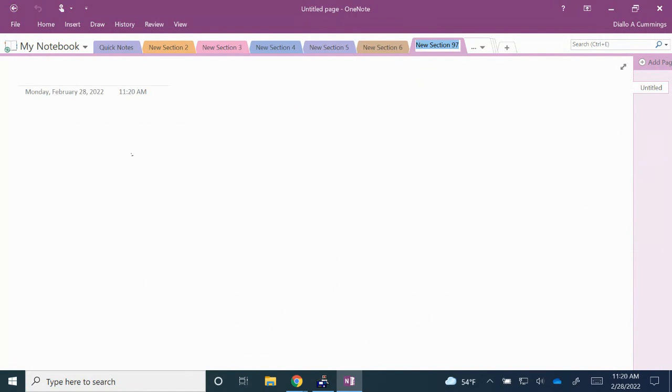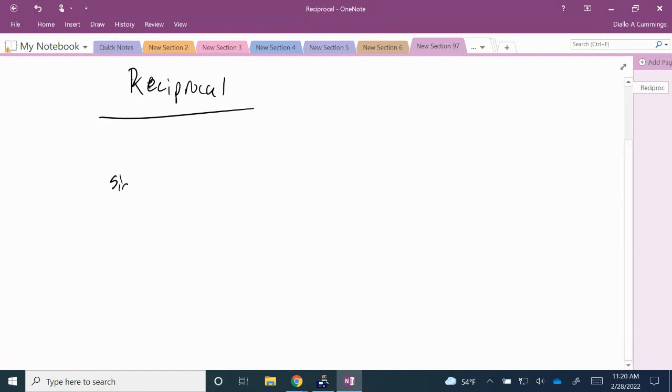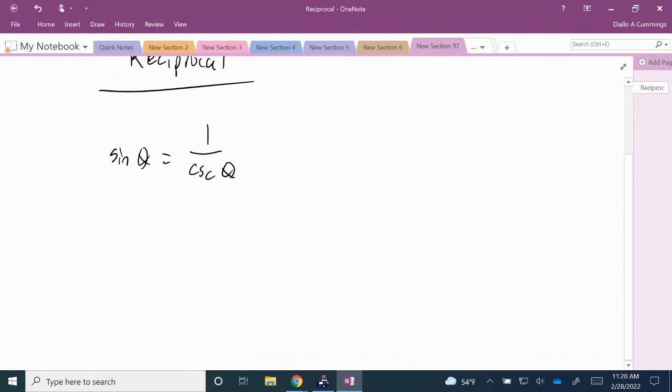So I'm going to take a look at the reciprocal identities, and I just want to point one thing out. The powers do follow. For example, the sine of theta is equal to 1 divided by the cosecant of theta. And what I mean by the powers follow is that if we have sine squared theta, we could actually write sine squared theta as 1 divided by cosecant squared theta.